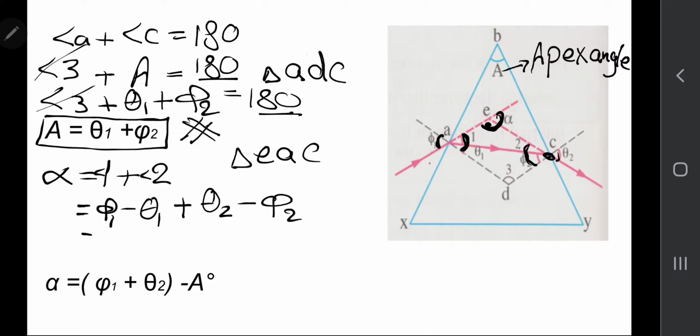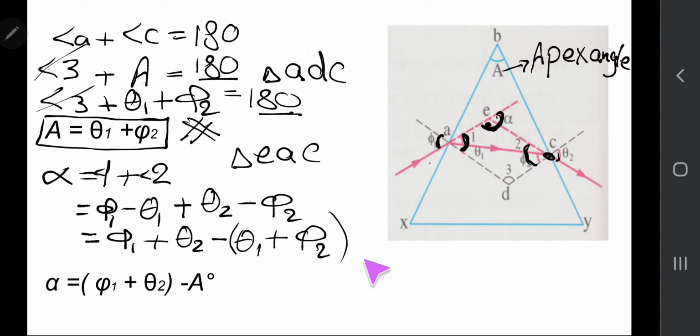Okay, so I have phi 1 plus theta 2 minus, and I can take the minus as a common factor, theta 1 plus phi 2 between brackets. Theta 1 plus phi 2, from the first equation, equals the apex angle A. So alpha equals phi 1 plus theta 2 minus A, the apex angle.